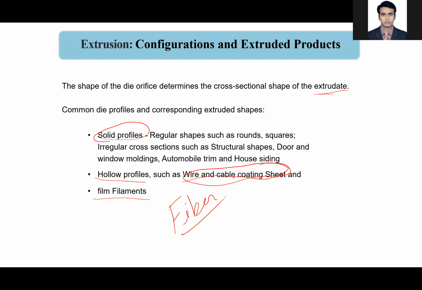Okay, these 3 types of products can be produced, and the film is kind of different. The film is like poly bags or plastic sheets, polyethylene sheets that we use as tablecloths for the protection of a table, right?